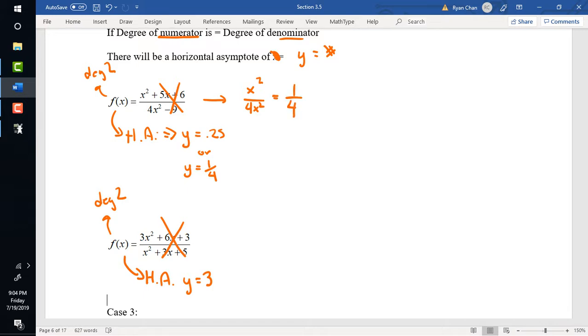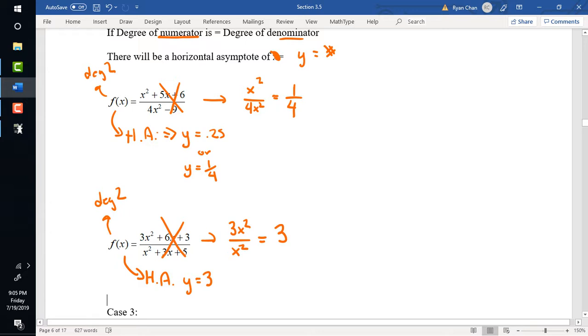And here, 3x squared over x squared reduces to 3. All I do is look at the first terms of my numerator and denominator and reduce them, and that number is my horizontal asymptote.